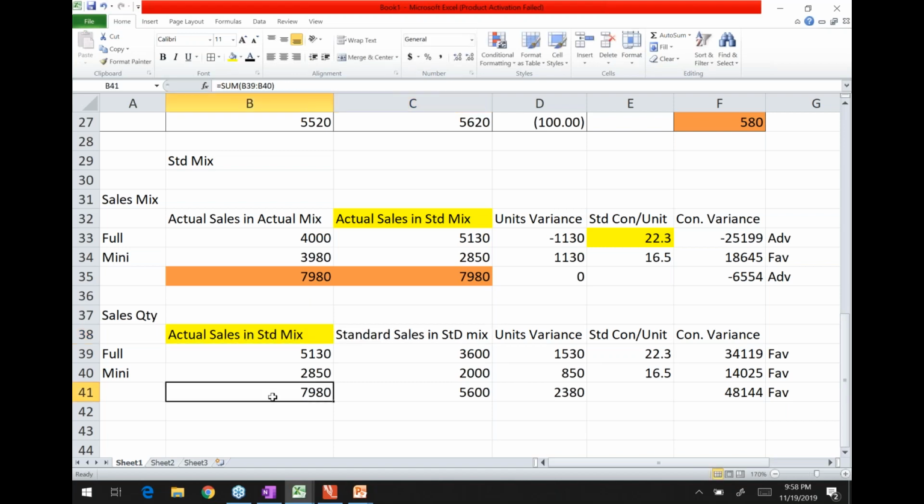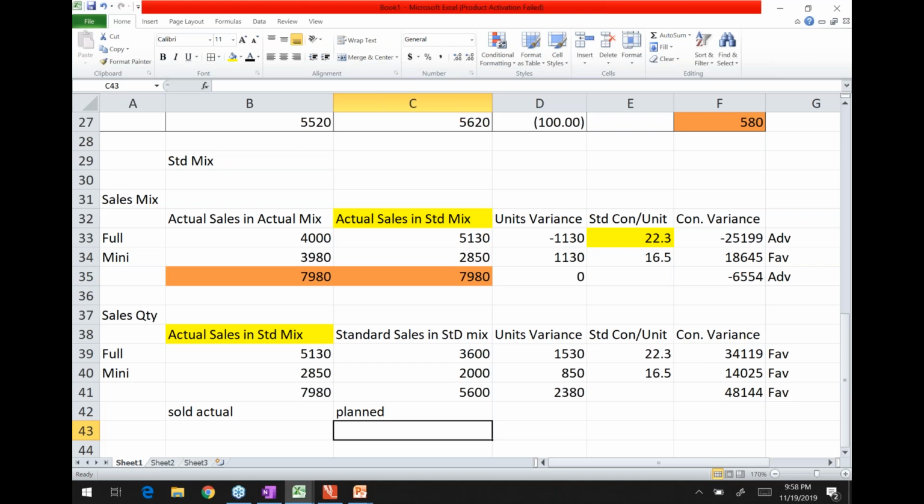So look at the bottom figures. In actual, we sold 7980 units. And how much was planned? 5600. So quantity variance is the difference between actual sales that you have done and budgeted sales that you should have done.